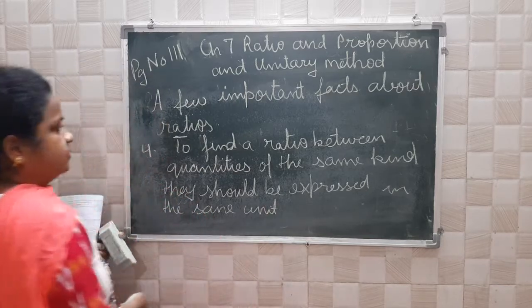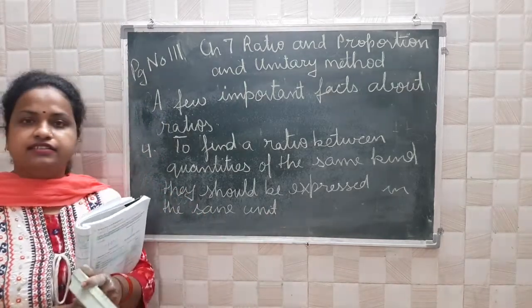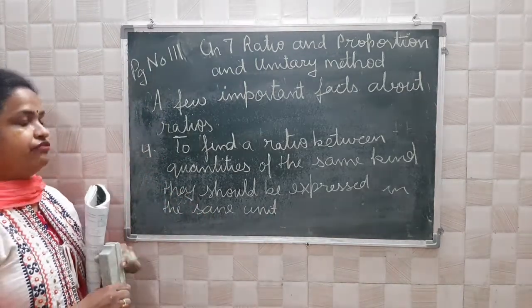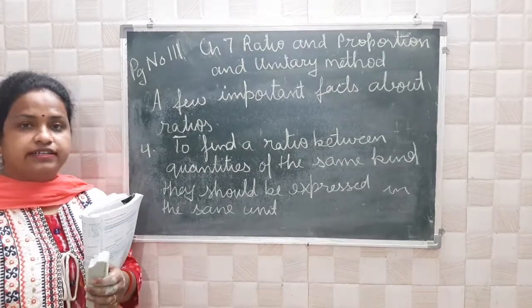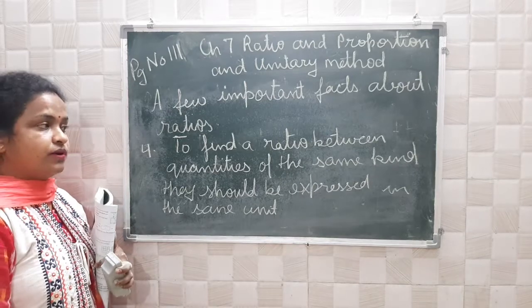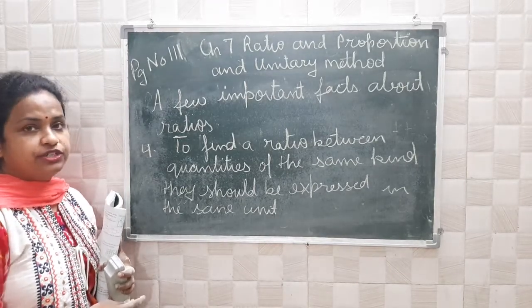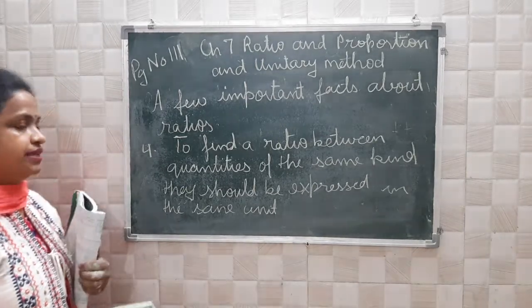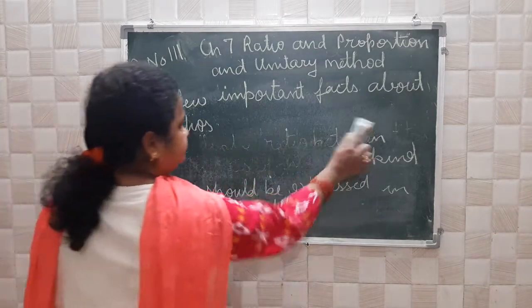When you have to find the ratio between two quantities, their unit should also be the same. Quantities should be the same and units should also be the same. You can see one example.